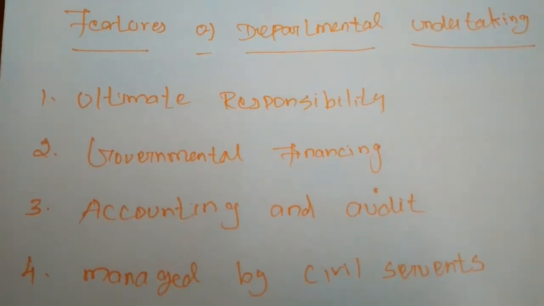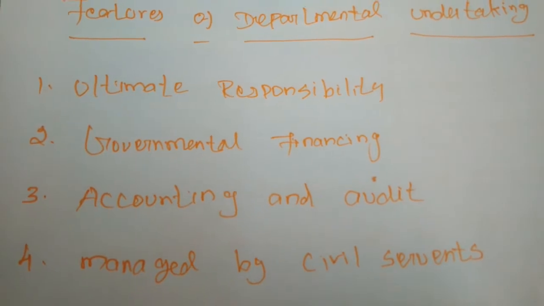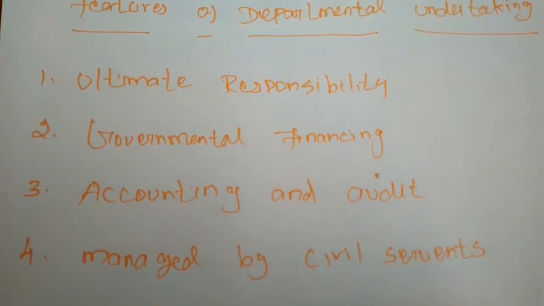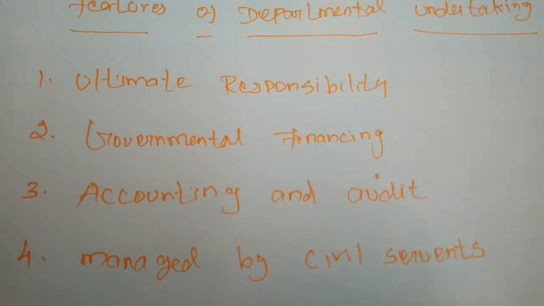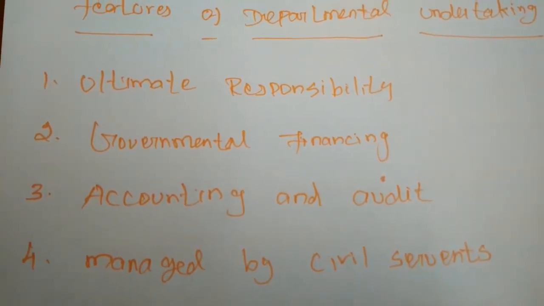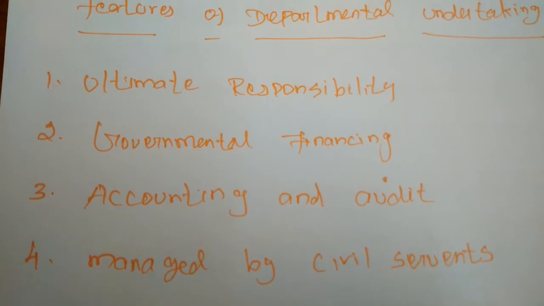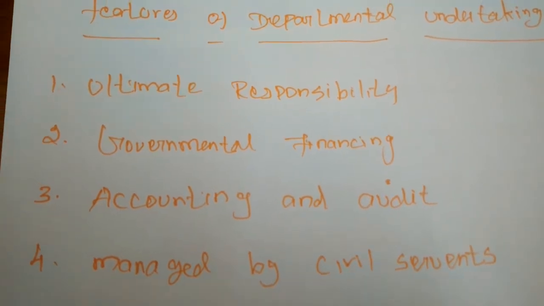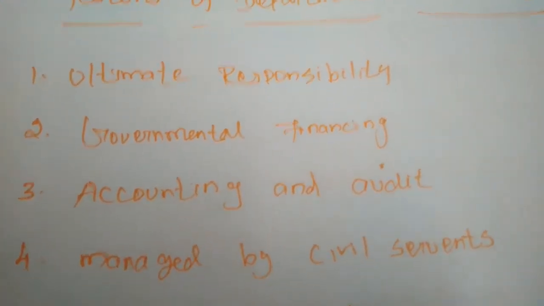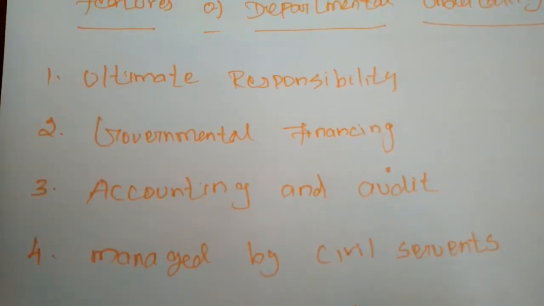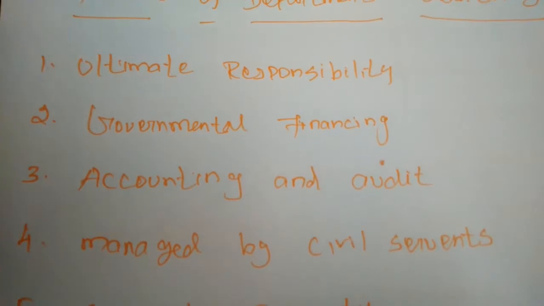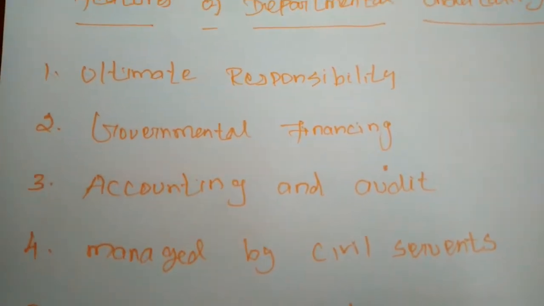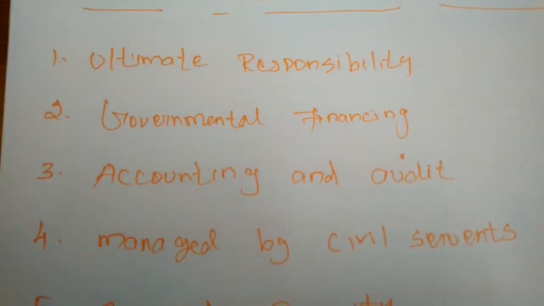Every departmental undertaking comes under one of the ministries, and the minister is responsible to the parliament or state legislature for the affairs of the departmental undertaking. For example, the police department, the fire service, the postal service and telecommunications are some of the examples.